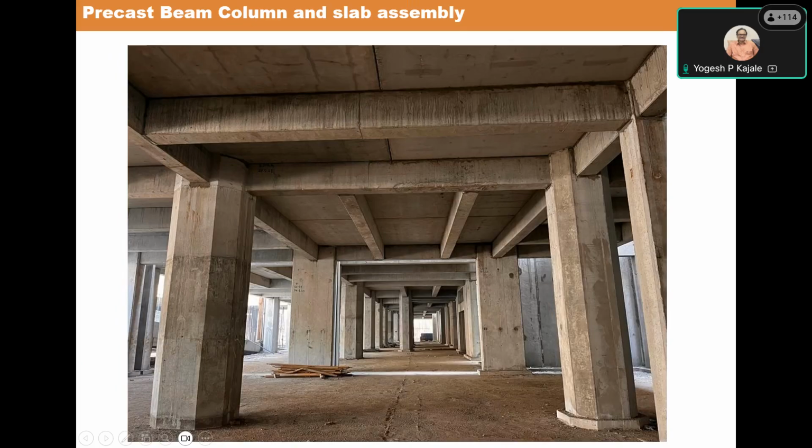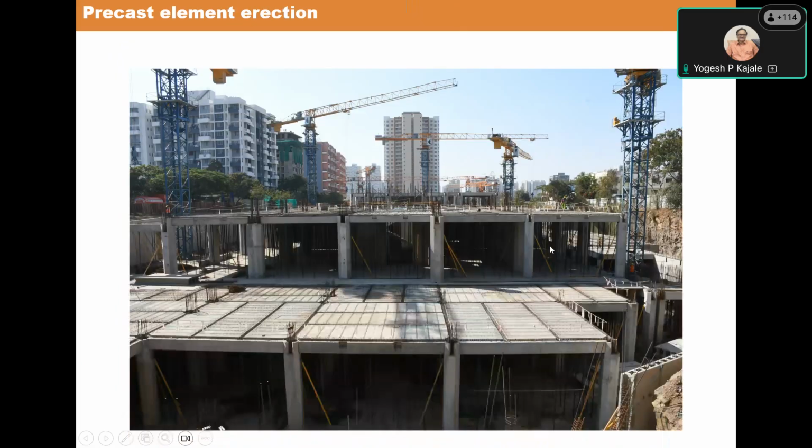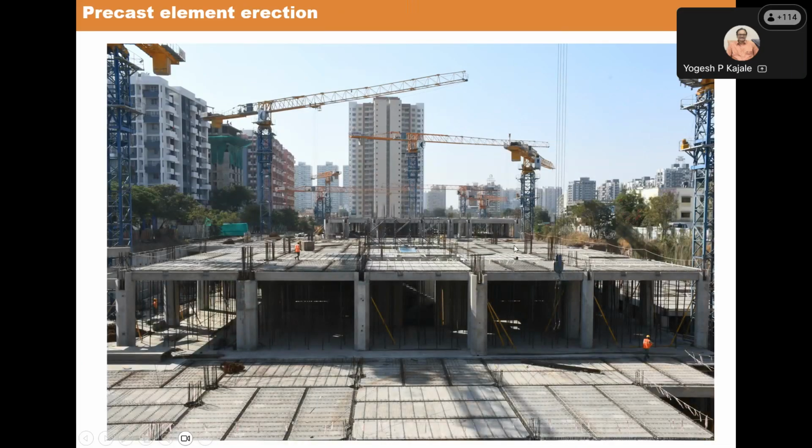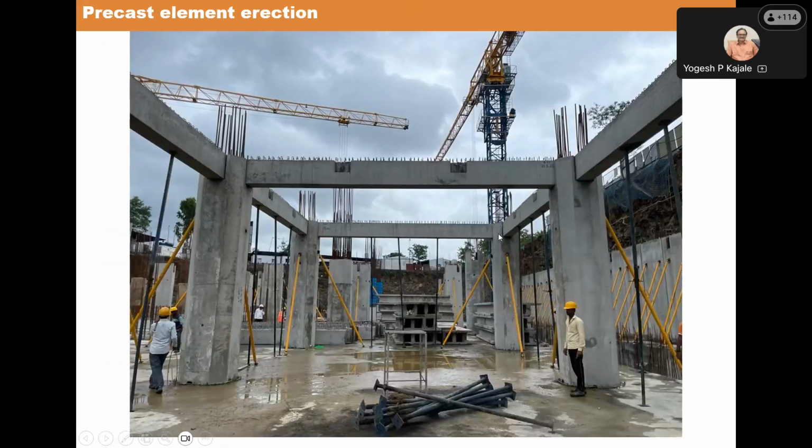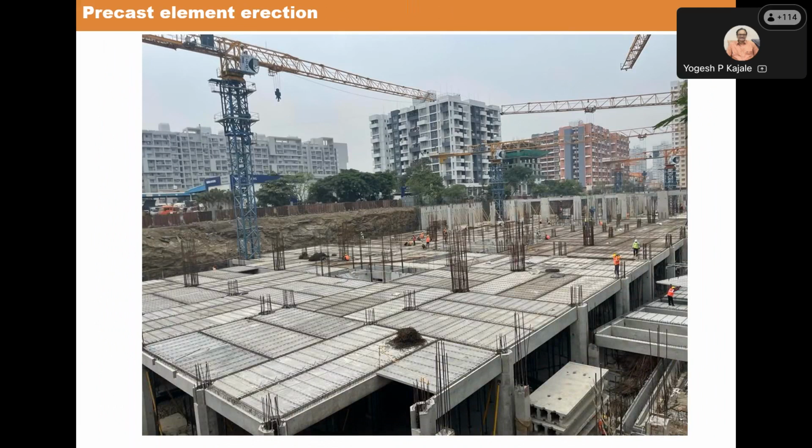Look at the line and level. All these elements are reinforced cement concrete elements, no pre-stressing, nothing.